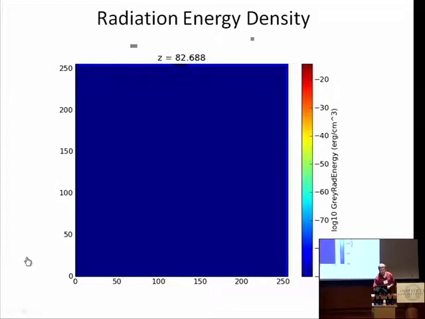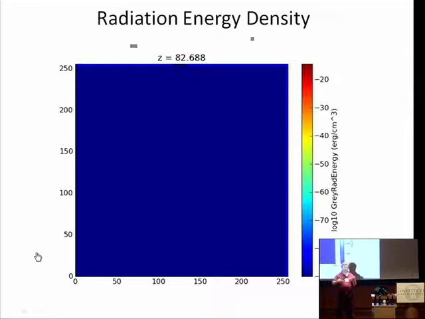Okay, so here's the radiation energy density. Before I show this, let me just say that it's an 8 megaparsec box. So at redshift 7, it is 1 megaparsec proper. So that's 3 million light years. And the frames are 3 million years.